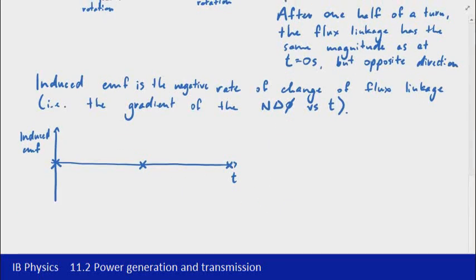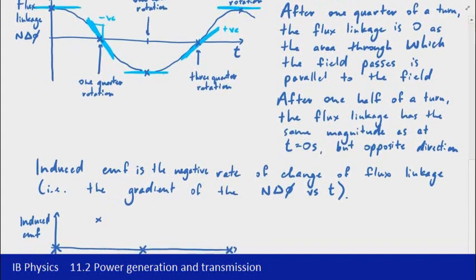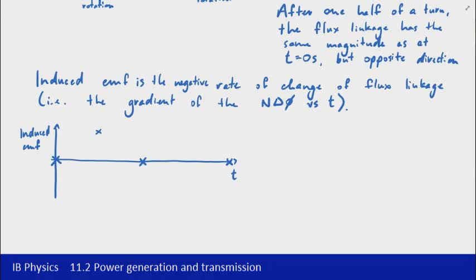So we'll have an EMF then that is at its maximum, and then on the reverse of that, over here, we've got a gradient that's positive, and because we know that EMF is the negative of the rate of change, a positive gradient will give us a negative maximum, and again we'll see that it's a periodic function. In this case it will look like a sine wave that increases and decreases over time. And so there's our induced EMF for a simple generator.